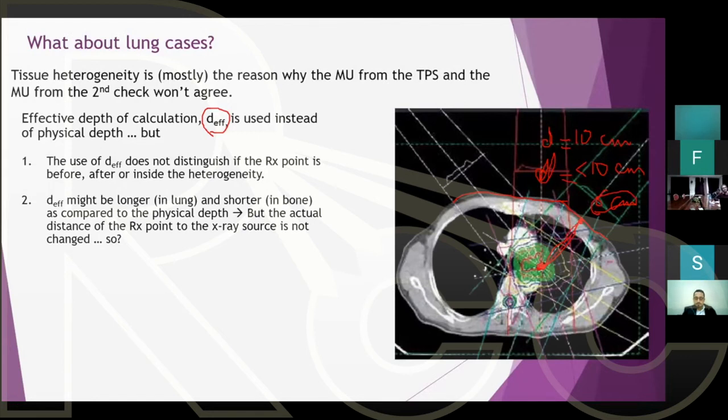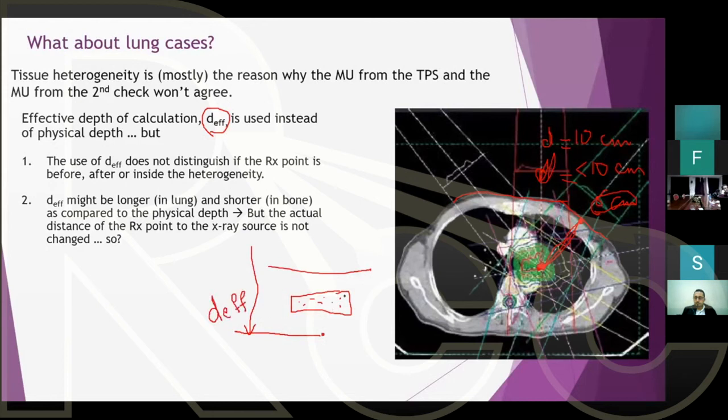But it doesn't tell me if the prescription point is before the heterogeneity or inside it. I have this case, I have some heterogeneity, okay? And I have a point here. And I want to calculate the effective point of measurement to this point. This will be the same distance, this will be the same D effective.